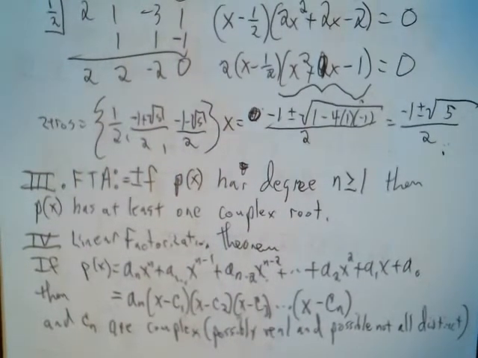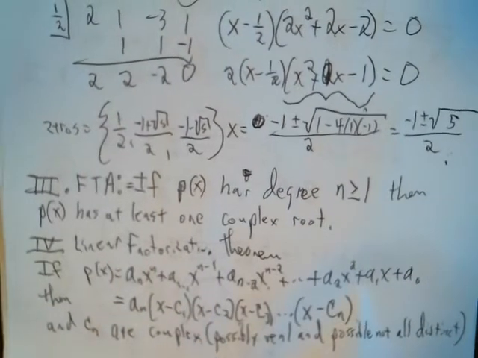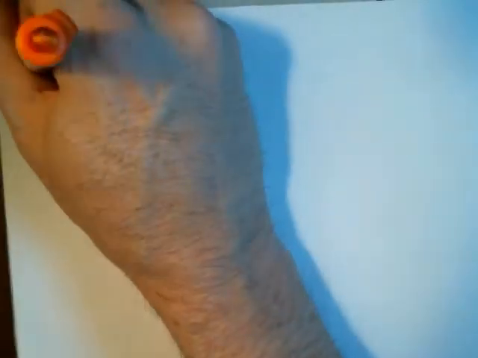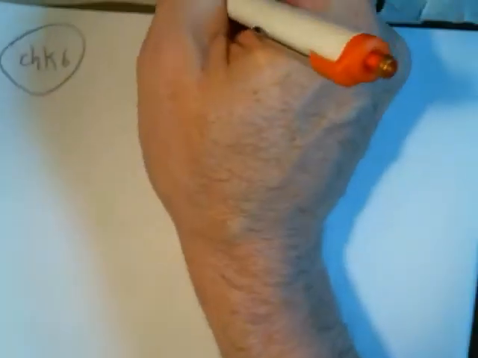Okay, so we'll look at one of their exercises associated with this issue. And I believe what they're having you do is make up a polynomial based off some information.